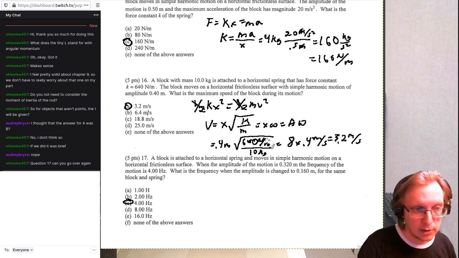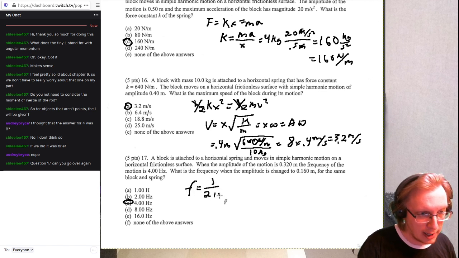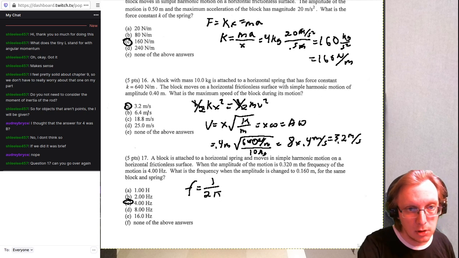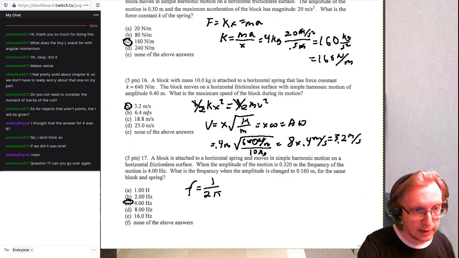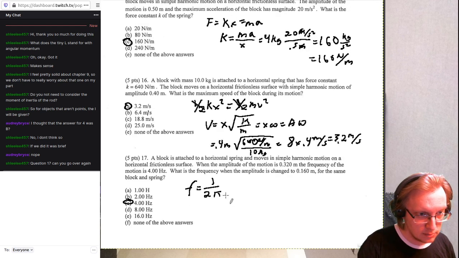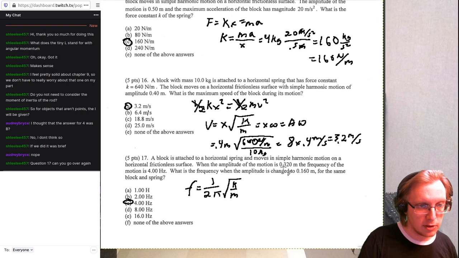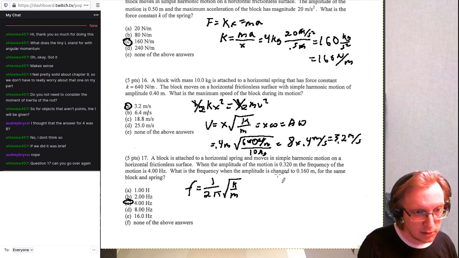Turn that black. There we go. Frequency is 1 on 2 pi square root of k on m. When the amplitude of the motion is 3.320 meters, the frequency is 4 hertz.